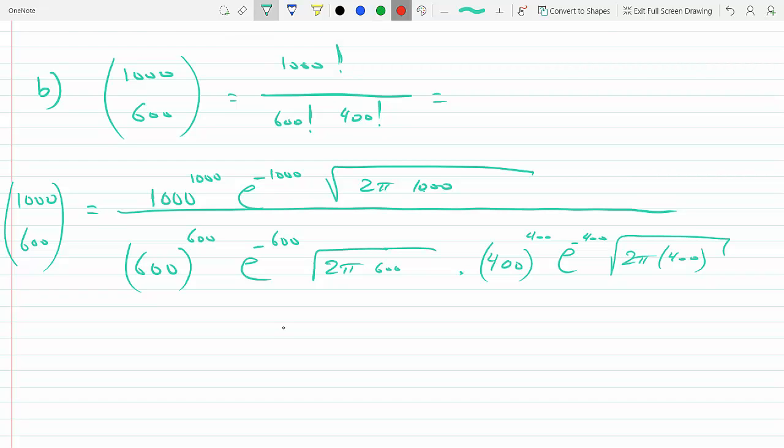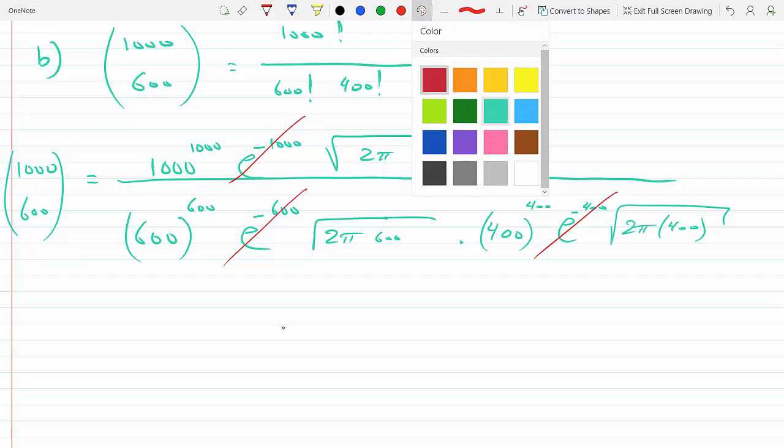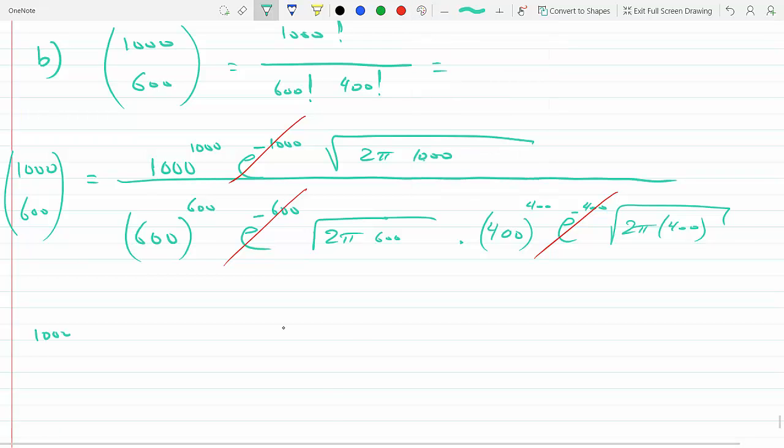We could cross out e to the minus 1000 here with this one, so those go away, and then we have left 1000 to the 1000.